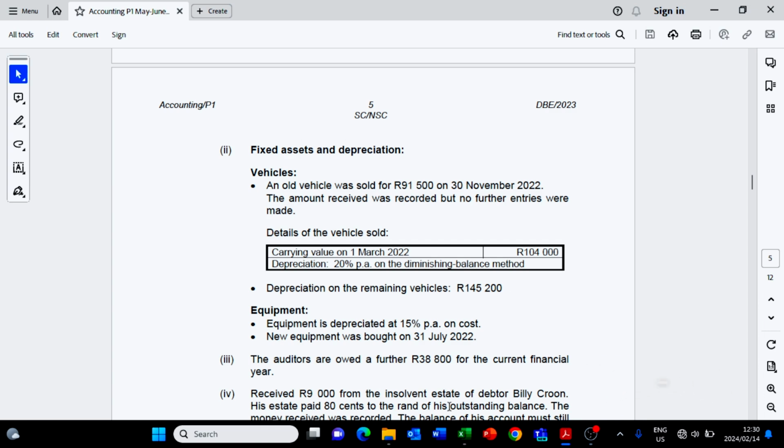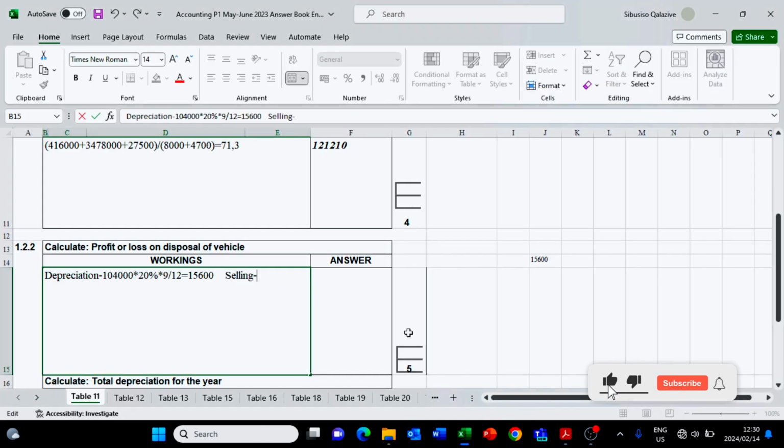Our selling price is 91,500. And then our cost price, which is the carrying value, is equal to 104,000. This is the cost price.